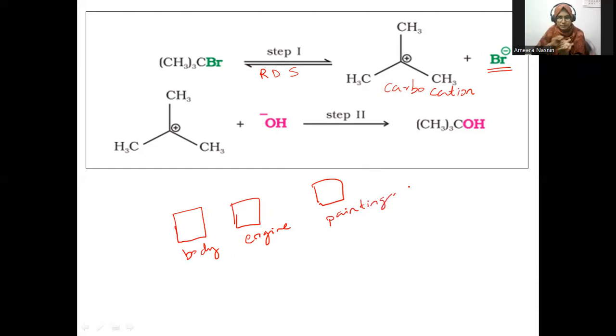This example is just for you to understand why the slower step becomes the rate determining step. Let's say that the body making part of this company has the capacity of making 30 car bodies in a day, and the engine making part has the capacity to make 20 engines a day.